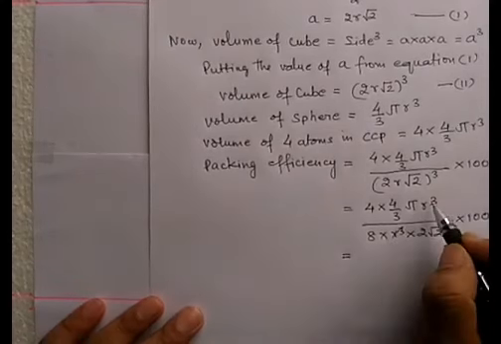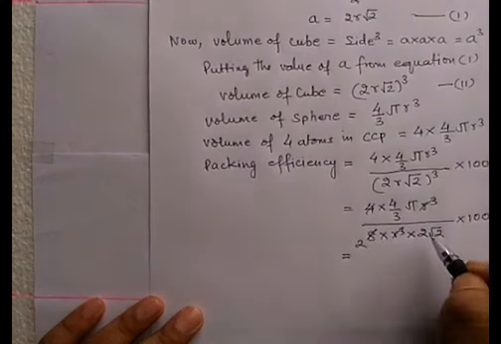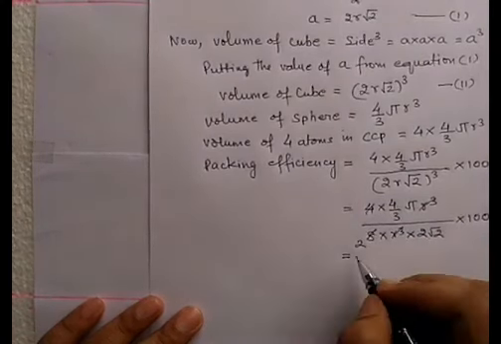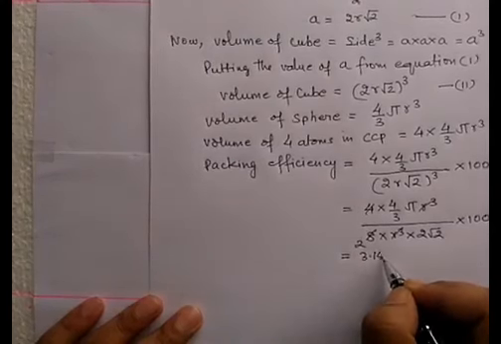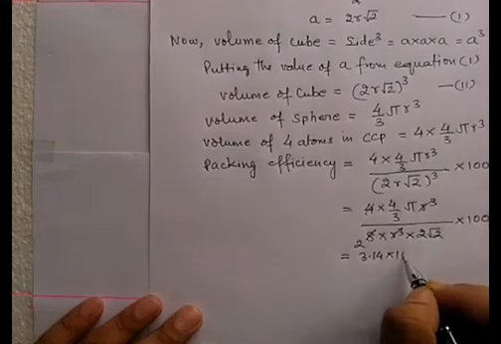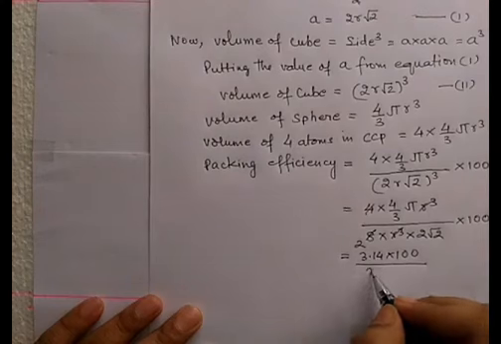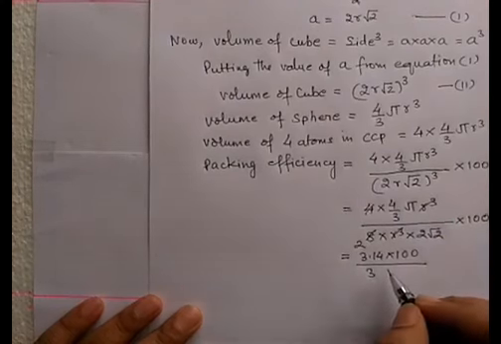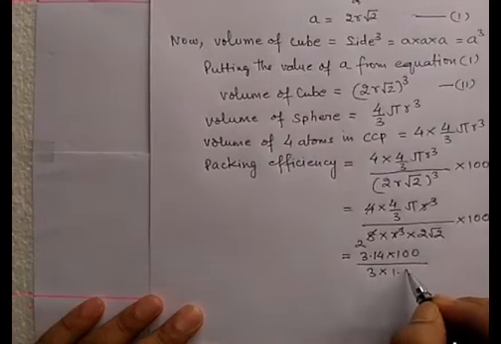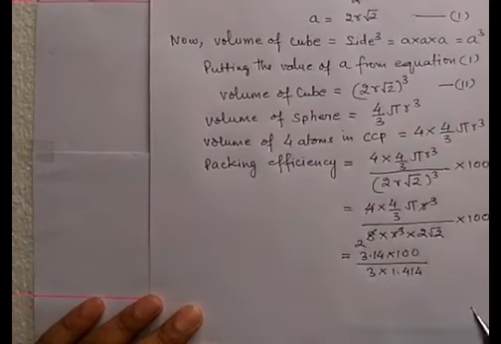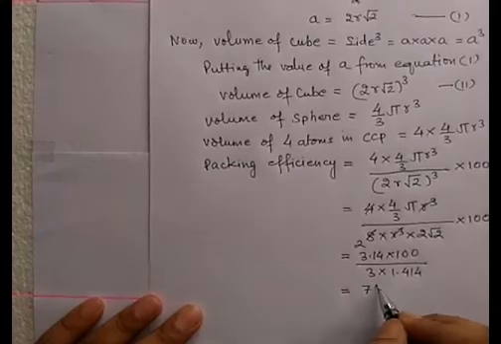Cancelling the r cube, and this 2, then it is 4. Putting the value of pi as 3.14, into 100, divided by 3 into the value of root 2, which is 1.414, after calculation it comes out to be 74%.